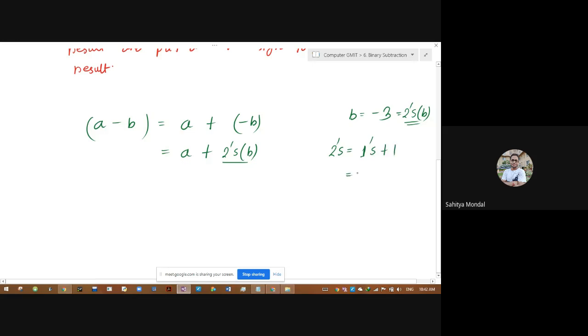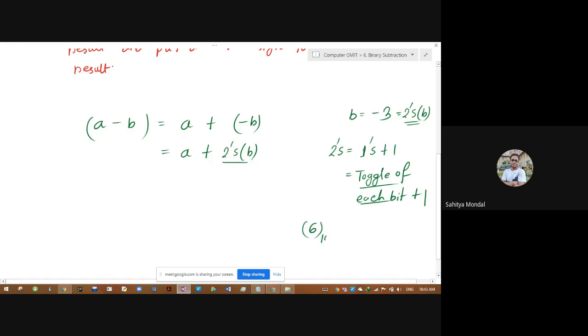What is 1's complement? That is the toggle of each bit. 1's complement is the toggle of each bit, and I have an extra 1 as per the formula. So take any example, let's say 6.